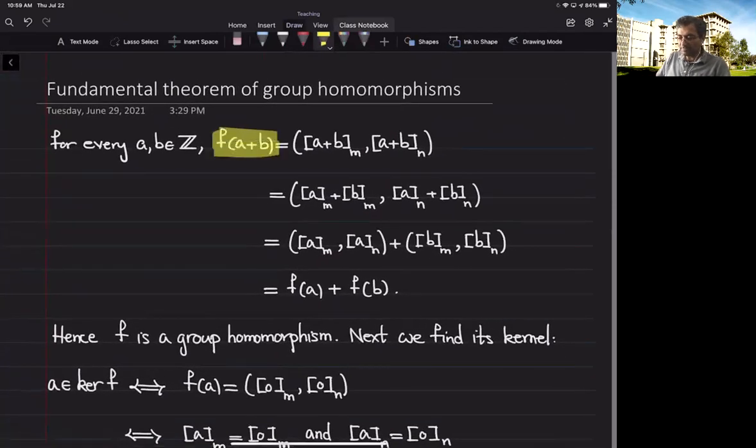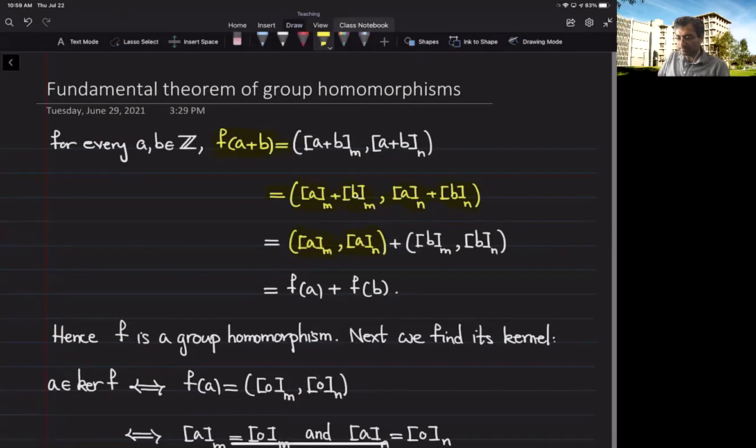So f of a plus b is the residue class of a mod m plus the residue class of b mod m, comma, the residue class of a mod n plus the residue class of b mod n. The way that we add pairs of elements is by adding component-wise, so I can separate them now.